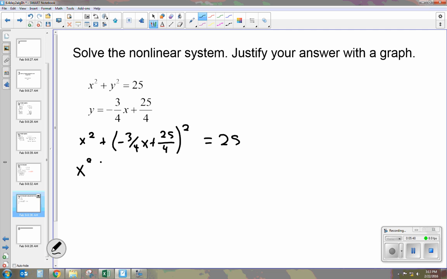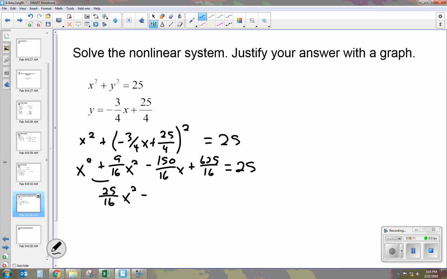We get x squared plus 9/16 x squared minus 150 over 16x plus 625 over 16 equals 25. We can combine these two terms, so we are left with 25/16 x squared minus 150/16 x plus 625 over 16 equals 25.